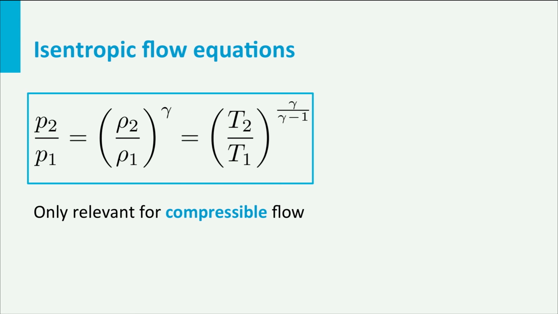The same can be done with respect to the relation between rho and T. This way we have found a set of isentropic relations which we can use in compressible flow.